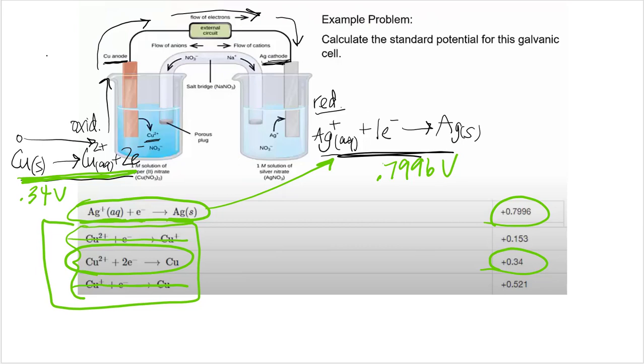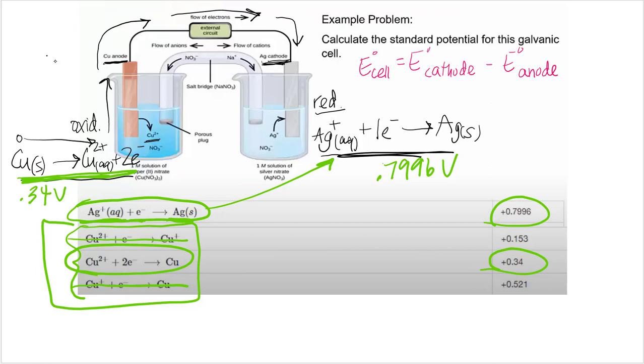All right. Now let's write down our problem here. Our E cell is equal to our E cathode minus E standard state anode.